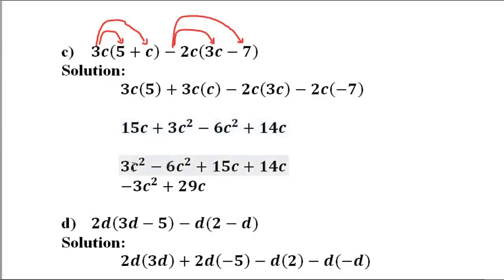Combining them gives us negative 3c squared. Next we have positive 15c, positive 14c. Combining them gives us positive 29c. Therefore, negative 3c squared, positive 29c is our simplified expression.